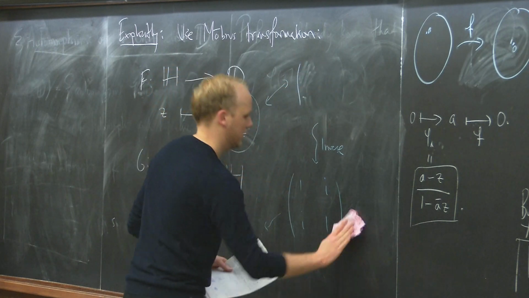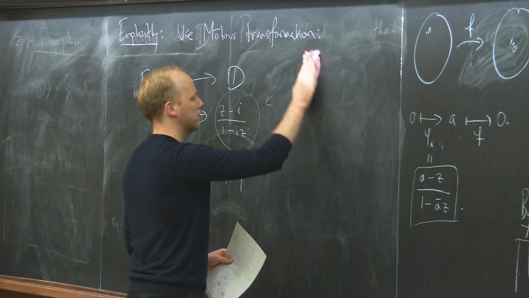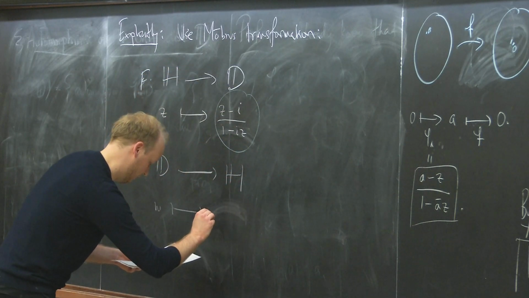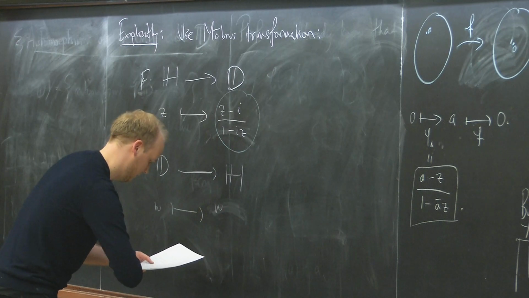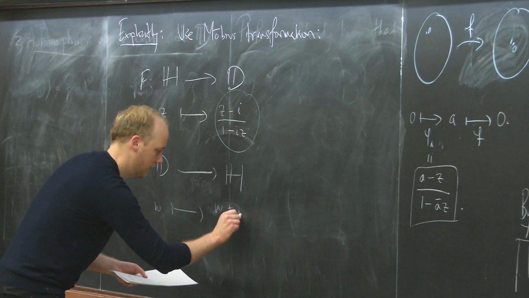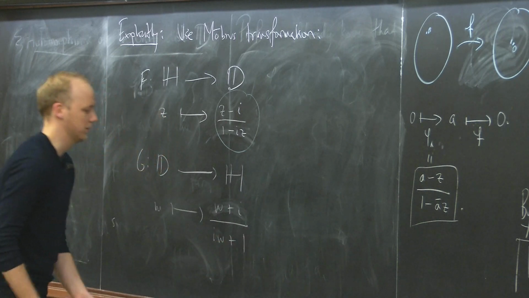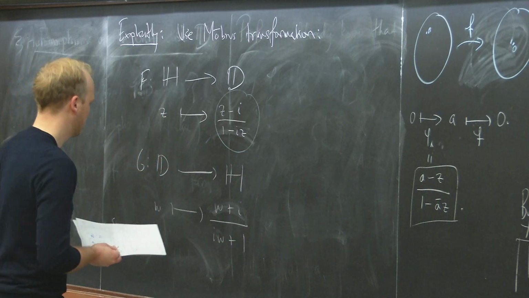Okay, it doesn't matter. So now, let's see, I don't remember the convention that I had there. But anyway, you know how you identify it with matrices. And then I hope that this is correct, that it's IW plus 1 that you get here.